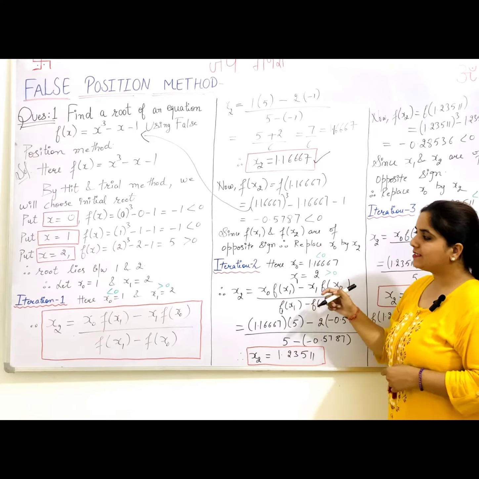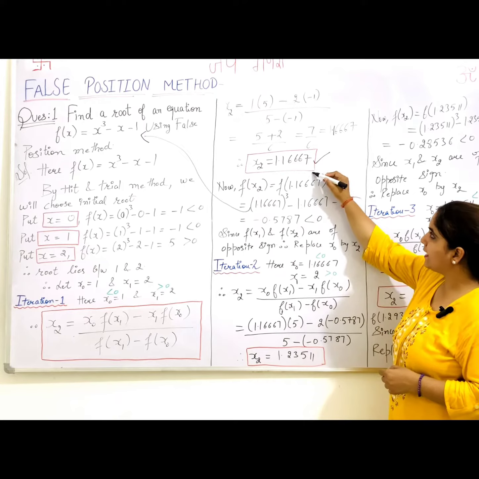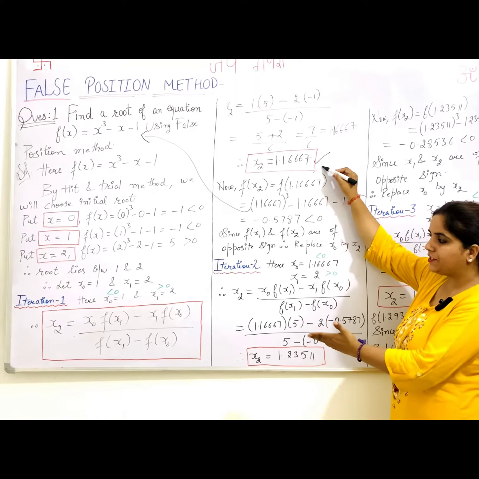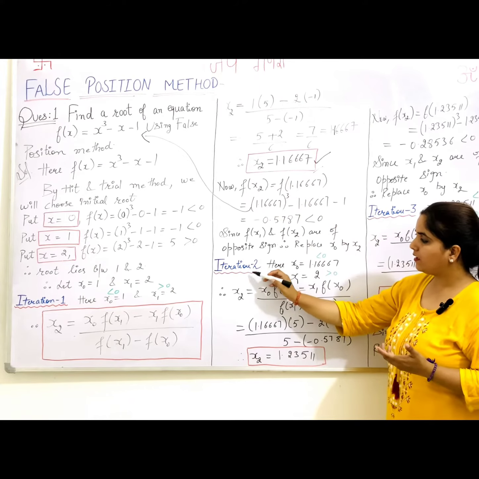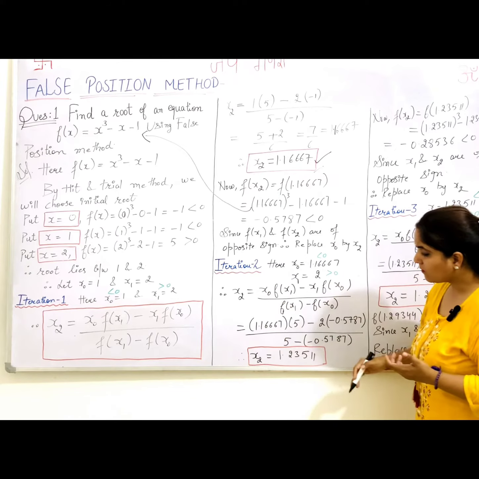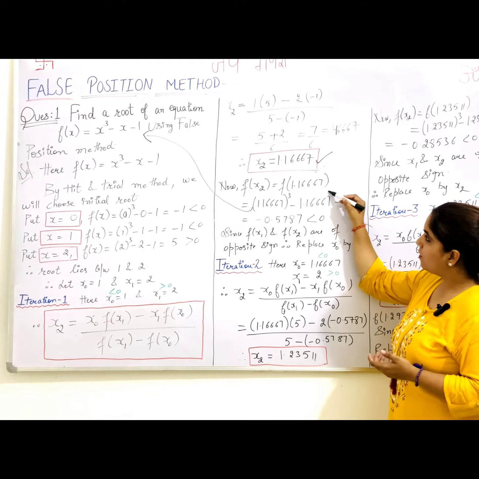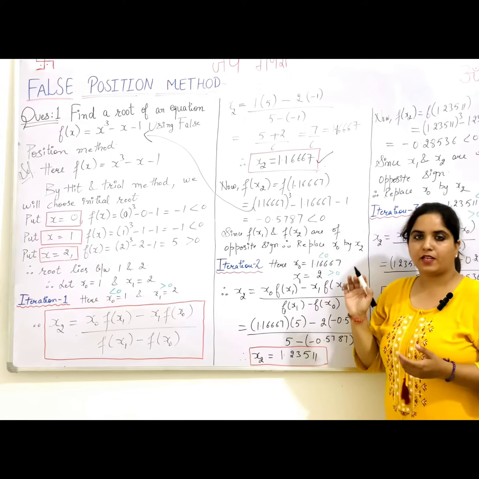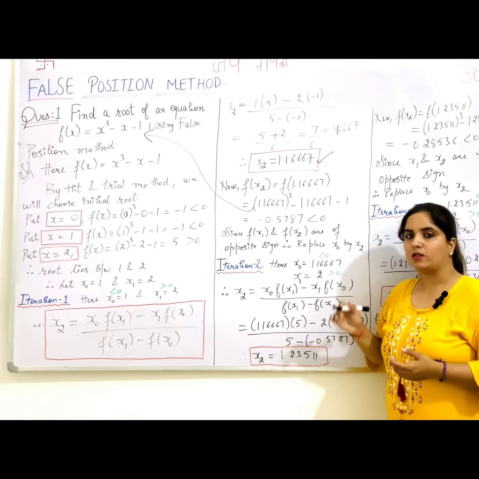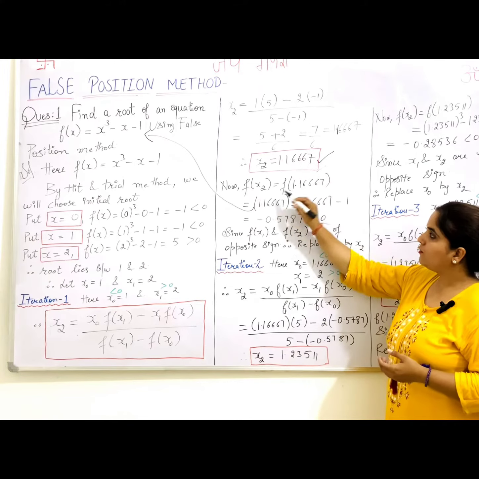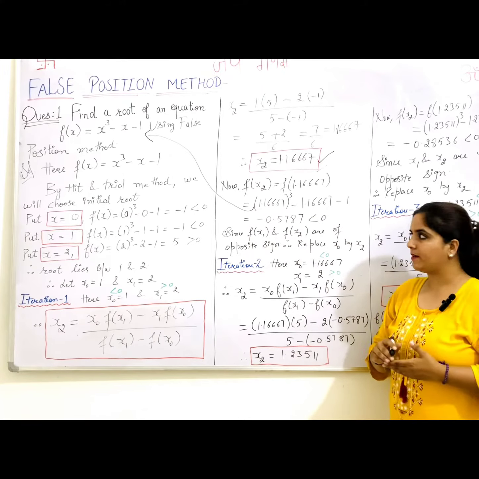So this will be the repeated step in all the iterations. Whenever we get x2, as in iteration 1, and in iteration 2 we will keep on finding the solutions, we will keep on putting all the values which we get in the given equation. Whatever answer we get, we will put that answer in the given statement.